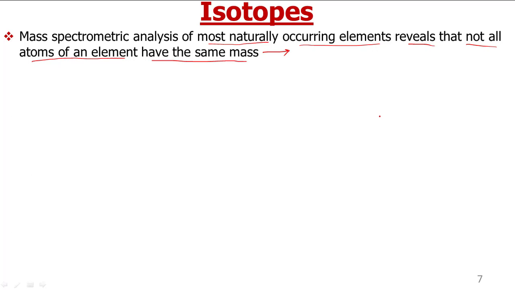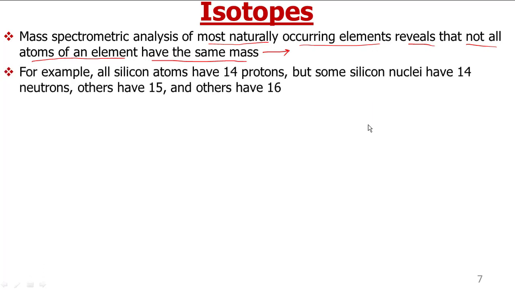They observed that all the atoms of an element do not have the same mass. Some atoms have higher mass and some atoms have lower mass. For example, when the atomic mass of silicon was calculated, which has 14 protons, the atomic number of silicon is 14.